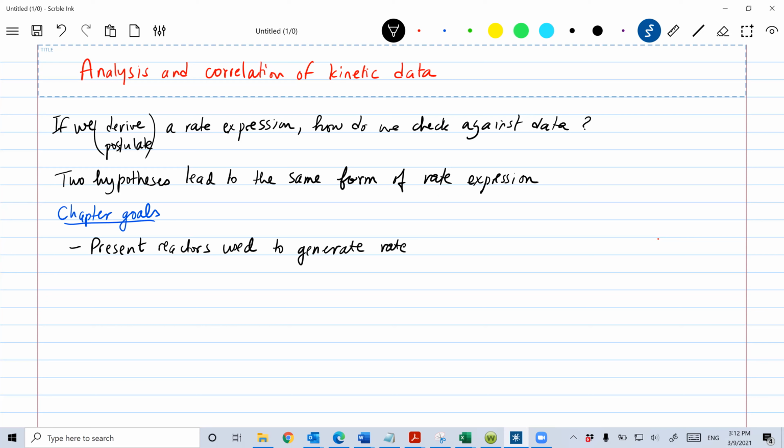The second thing we'll do is present the 3 ways the rate law can be determined from experimental data. Also, it can be verified from experimental data.